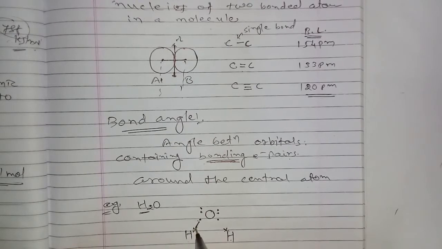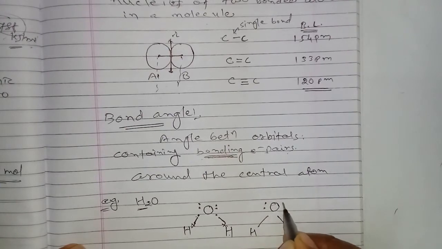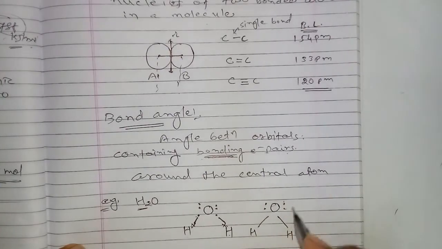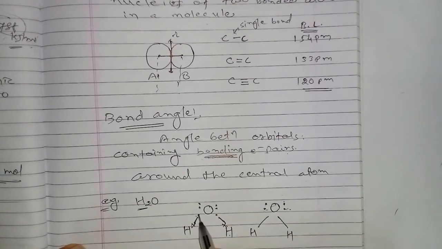This shares one electron, and it forms a single bond. The two paired electrons do not participate in bonding, but the unpaired or single electrons participate in bonding.